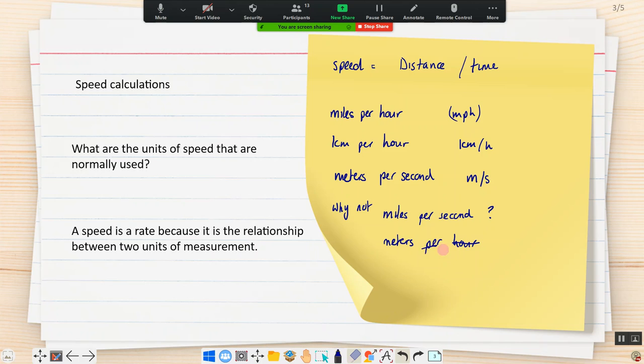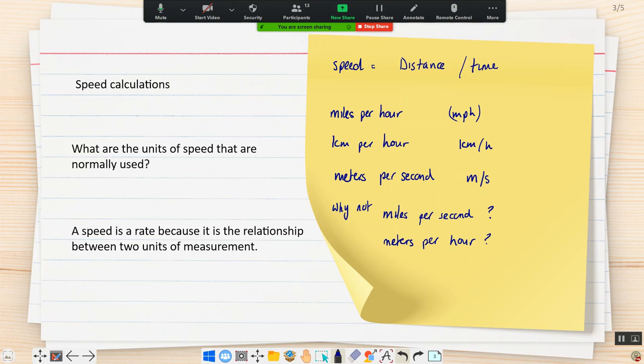Can you understand why I would do meters and seconds, but not meters per hour? And I think you said something, Luke, like you don't tend to run so many miles per second. So it's a relationship between two appropriate measurements, isn't it? If I'm going to travel miles, I'm probably going to take hours, yeah?